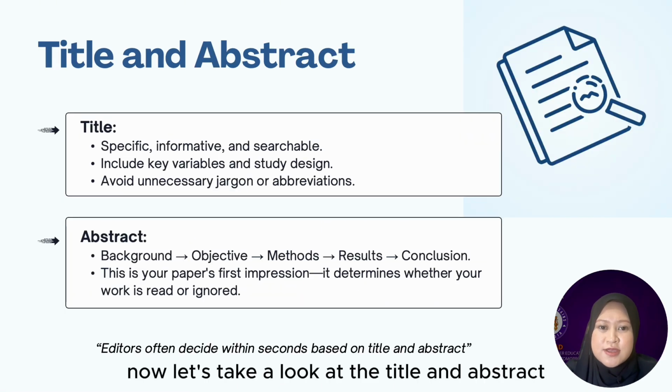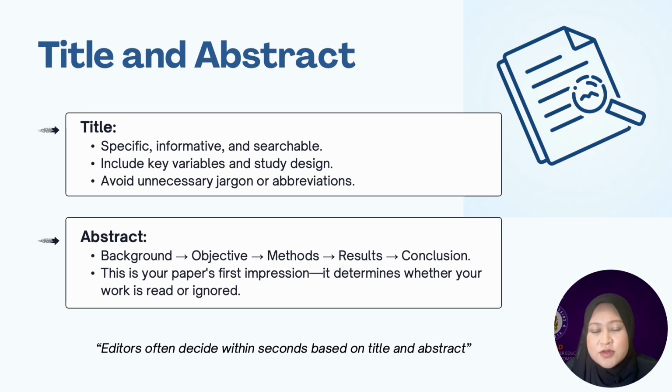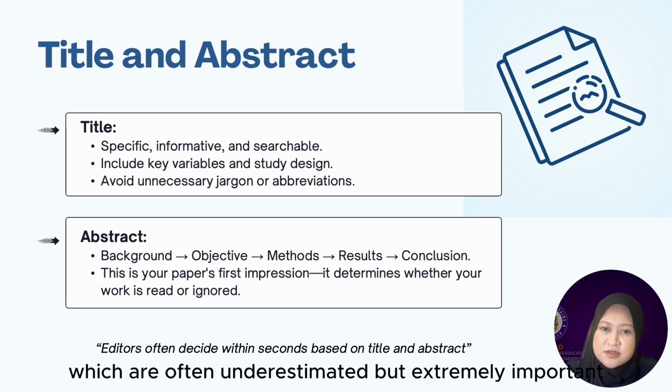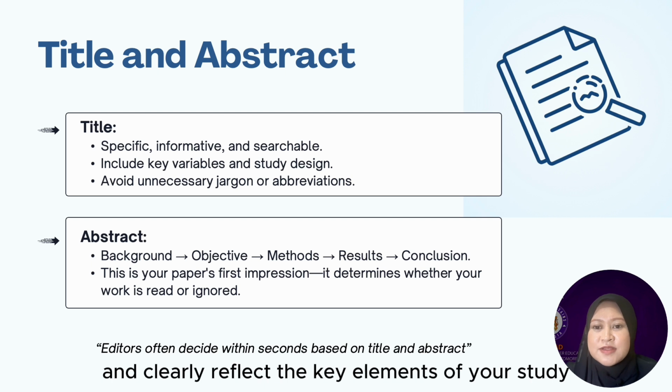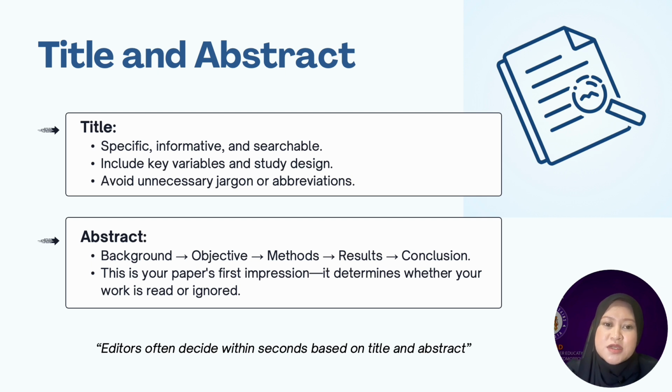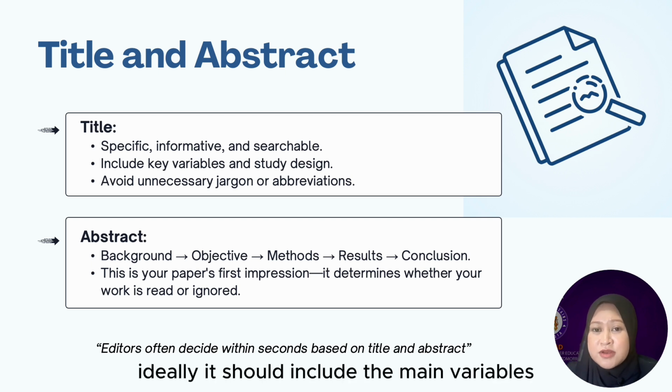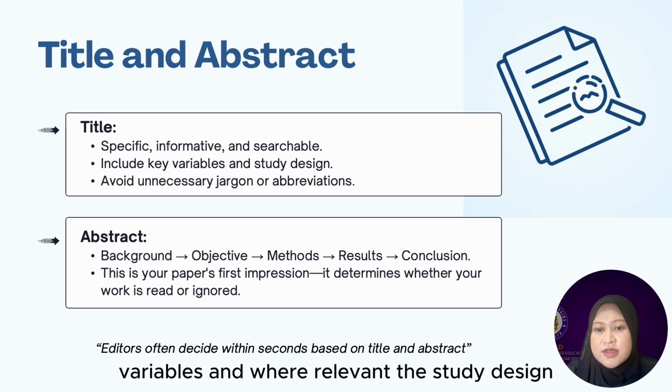Now let's take a look at the title and abstract, which are often underestimated but extremely important. The title should be specific, informative, and clearly reflect the key elements of your study. Ideally, it should include the main variables and, where relevant, the study design.